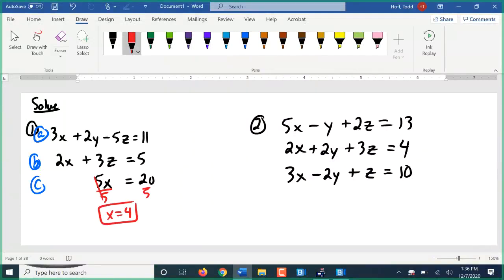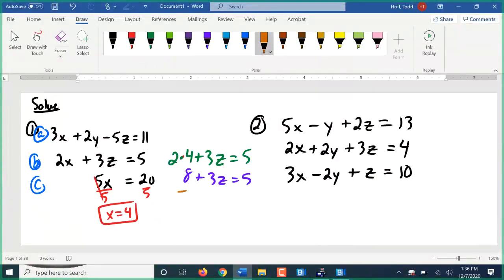Now that we have that, we can go back into the next equation, the next one up, equation B, only has x and z. So if we know x, we can find z. So 2 times 4 instead of 2 times x plus 3z equals 5. 2 times 4 is 8 plus 3z equals 5.